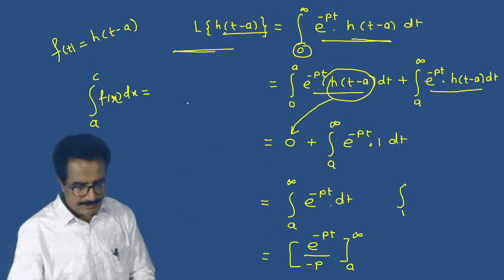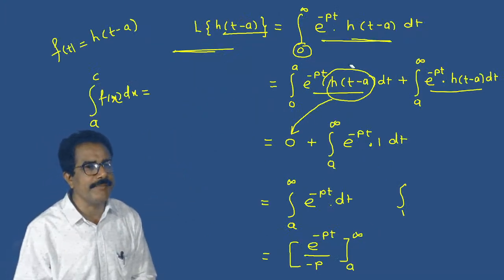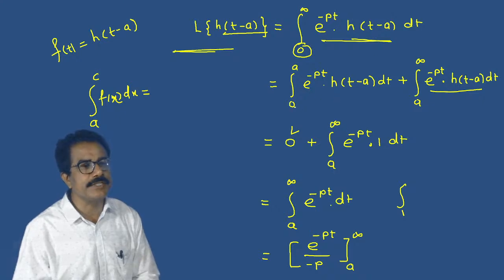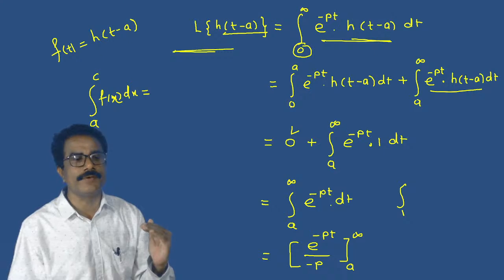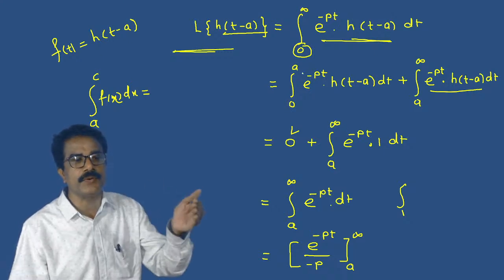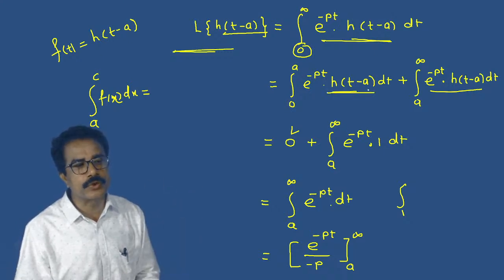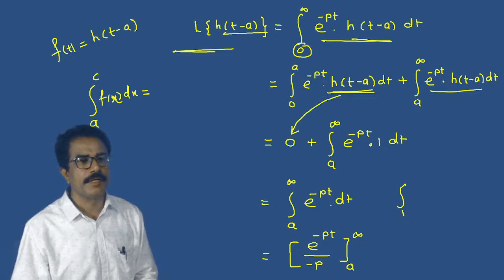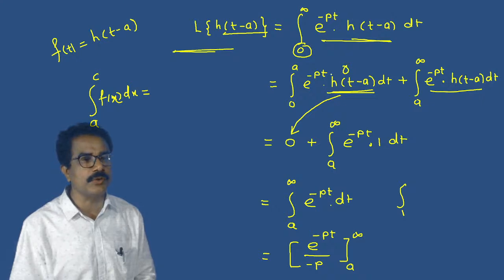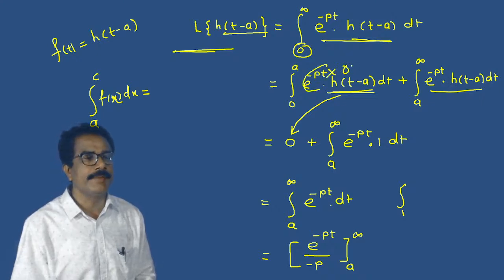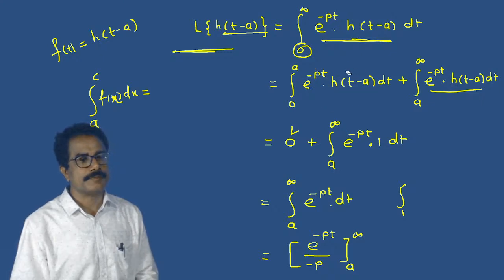That means in this integral the limits are 0 to a, so the value of t lies between 0 and a, so h into t minus a goes to 0. 0 into e raised to minus pt, the total term goes to 0. So the value of this first integral is 0.